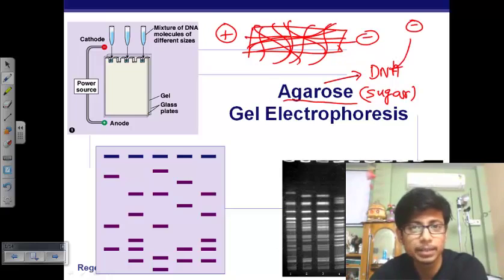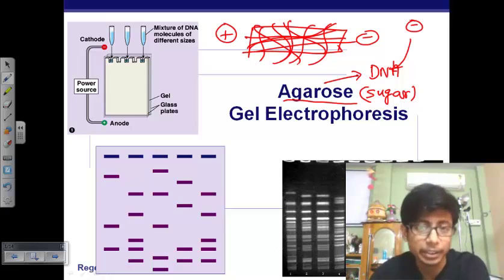So obviously DNA will move from the negative side towards the positive electrode, or anode. This migration is due to the applied electricity, through this agarose network, and that's what we call agarose gel electrophoresis.